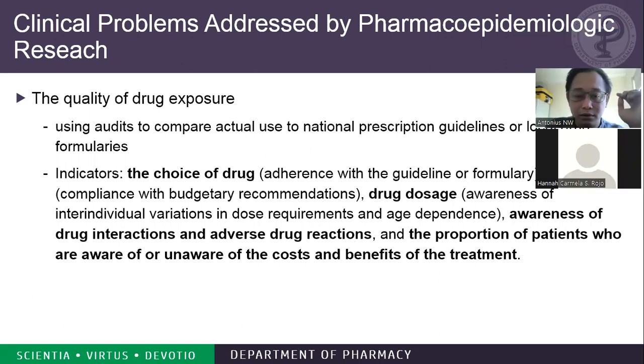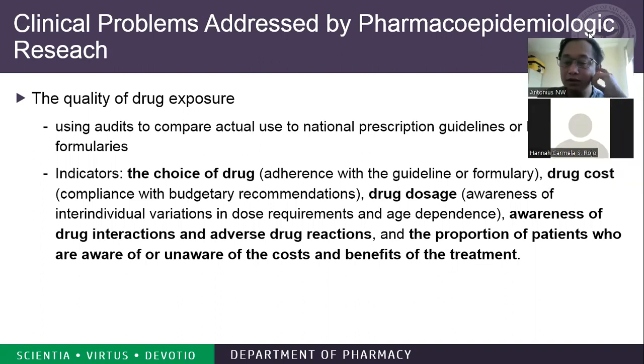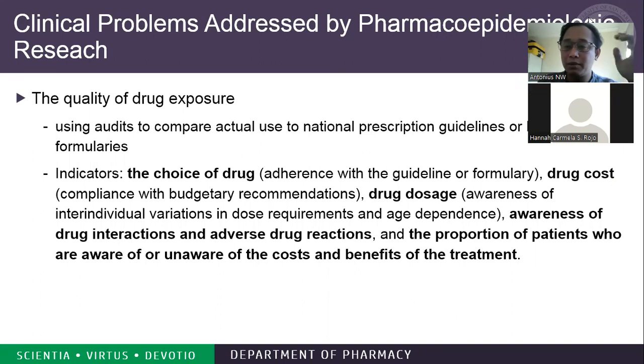Then cost and drug dosage, for example, how to stop corticosteroids. They must not be stopped abruptly, but must use the tapering-off method, by reducing the dose over time, for example over 2 weeks.